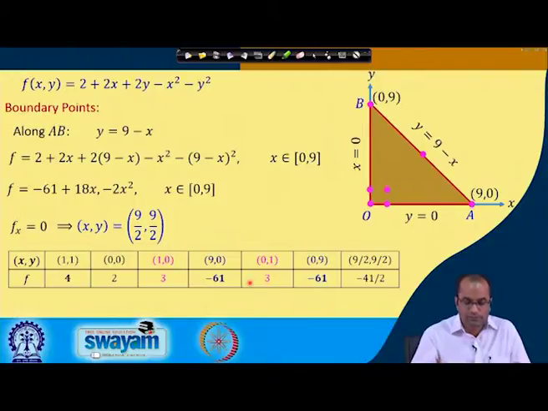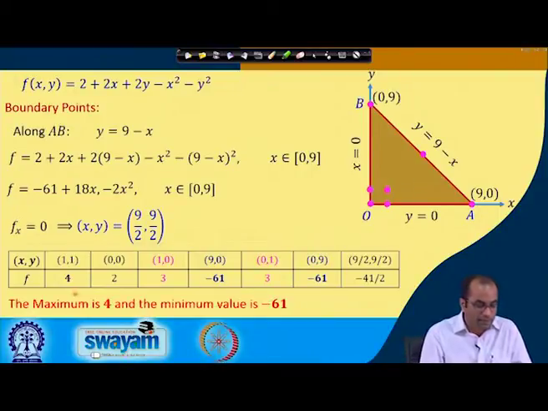So, here we have computed all these values at these points, and then we realize okay, this minus 16, which is the value the function takes at 9 0 and 0 9 point, is the minimum among all, and this 4 is the maximum one at 1 1 point. So, the function takes maximum at the interior here at 1 1 point, and it takes the minimum at 9 0 or 0 9 point, where the value is minus 61.